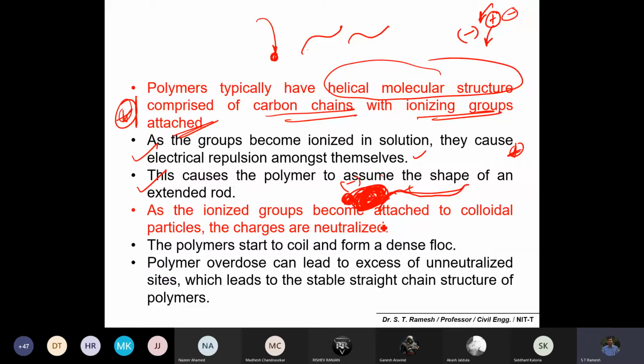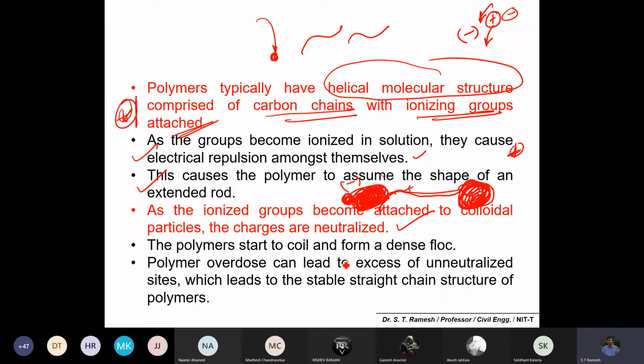As the ionized group becomes attached to a colloidal particle, the charges are neutralized. One site is occupied by a colloid and the other site is free. If any particle is nearby, it will also attach like this.